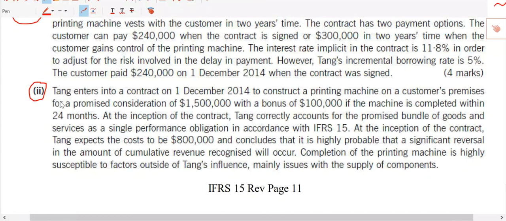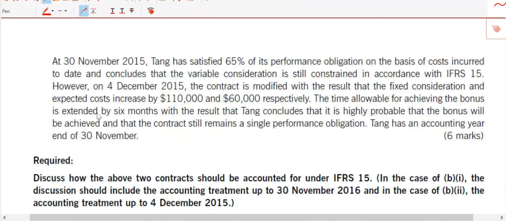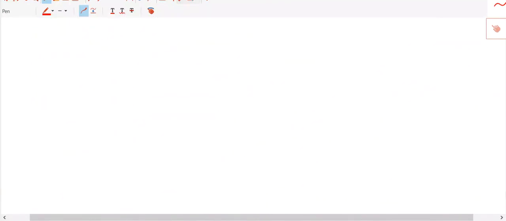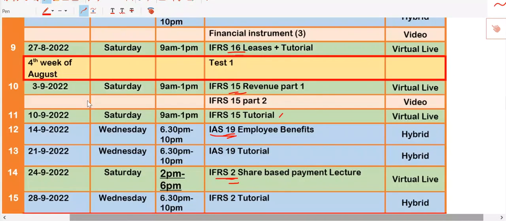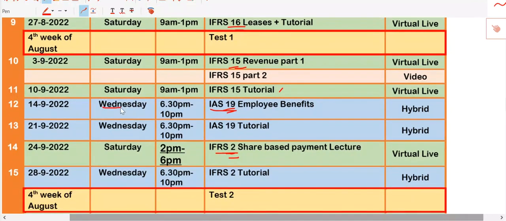You can try writing your own version and compare your answer with the PDF file. And then we can end the class. So we don't have time to start IAS 19, but it is planned for next class. Our next class goes back to the normal Wednesday and Saturday combination. Just a few days later, I'm going to see you to talk about the employee benefit lecture.